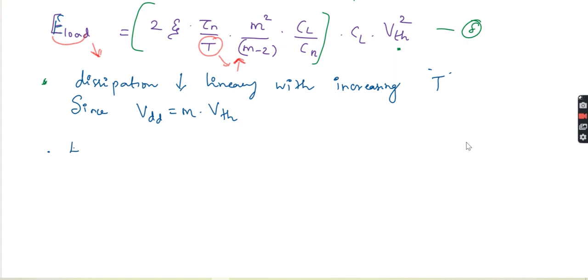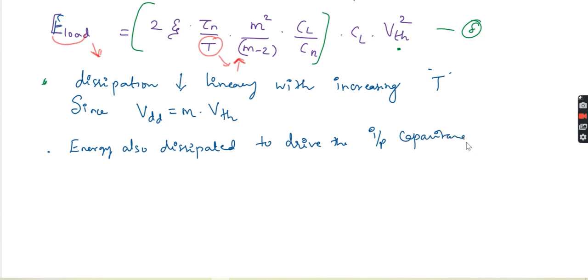Correct. So simple. I can say from this the energy is also dissipated to drive the input capacitance. The input capacitance normally we write as Cin or Ci 1, 2, 3 like that.